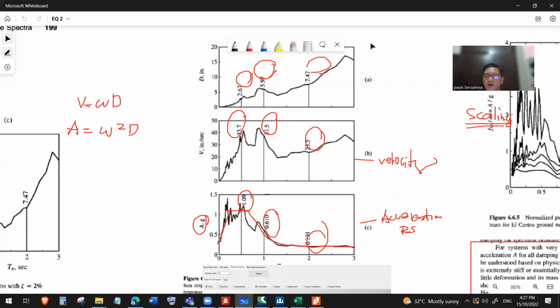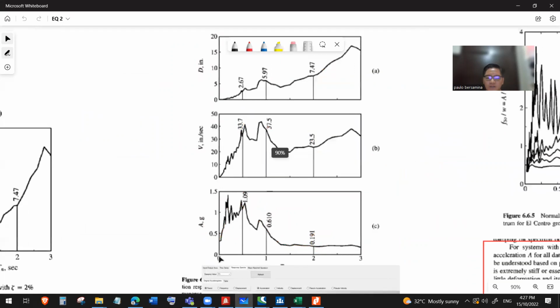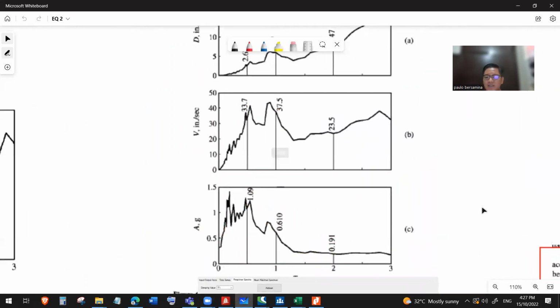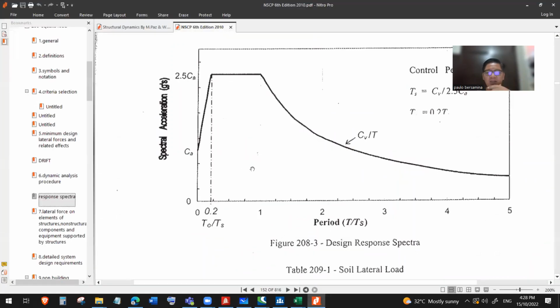And if you click on the values, yeah, so you will notice that acceleration, no? Remember, this El Centro ground motion is only 0.3 G. So saan nga ba nangyari El Centro?